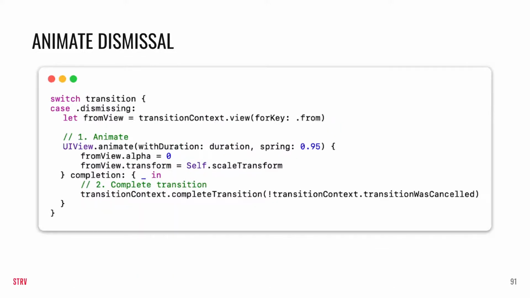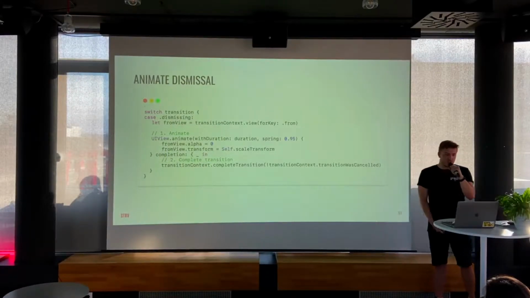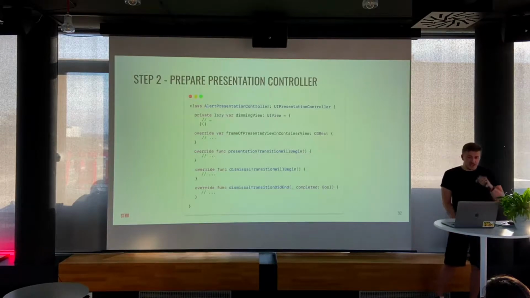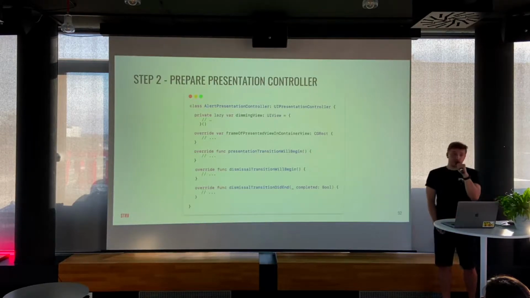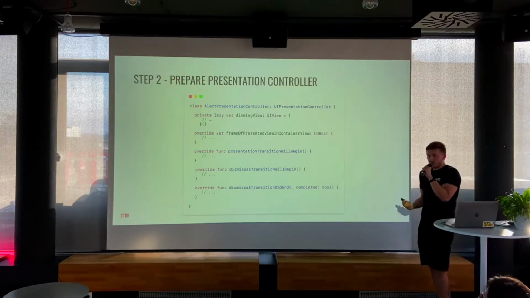And now it's even easy for us to do the dismissal, because this time we don't have to add anything to the container view. We'll just take care of animating it out. So we will access the view, change the alpha transform, you know the drill. Regarding presentation controller, it is almost the same as we did for action sheet.